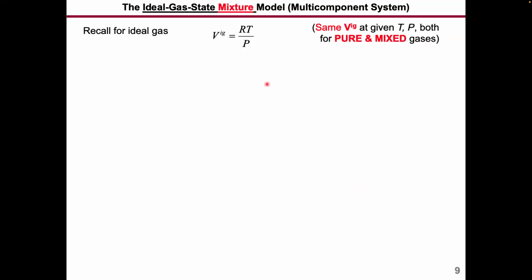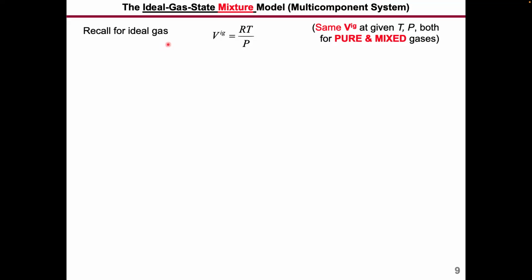Now let's focus on the mixture. The mixture can be a gas mixture or a liquid mixture, like I mentioned. First things first, let's start with the simplest mixture, which is the ideal gas state mixture. In this particular system, we have gas molecule A and gas molecule B, and let's say the system pressure is small, so the whole system behaves like an ideal gas mixture.